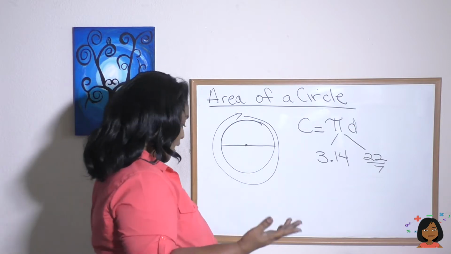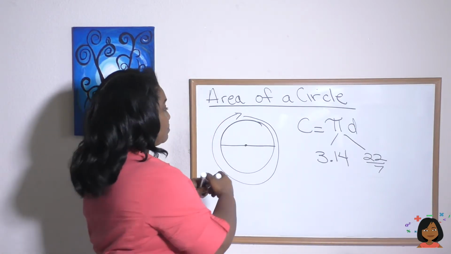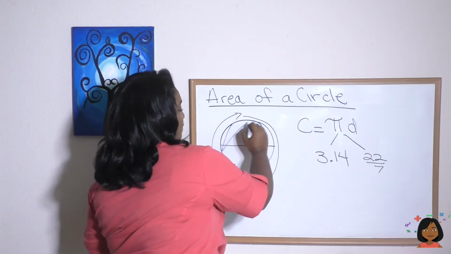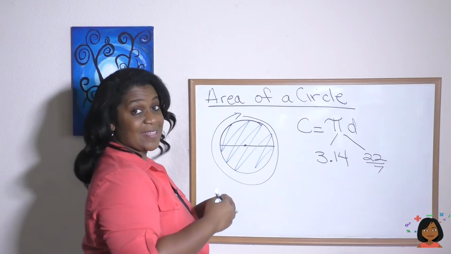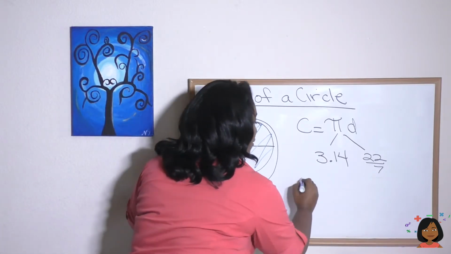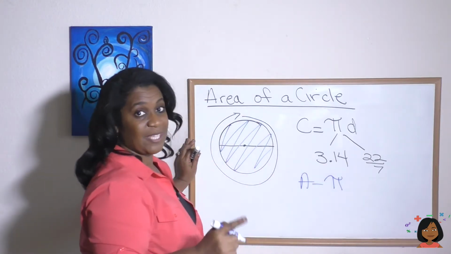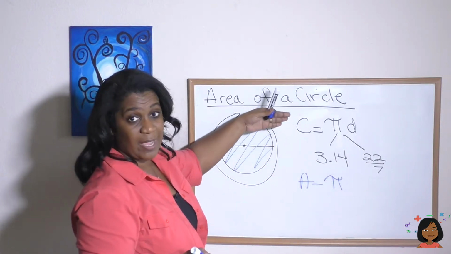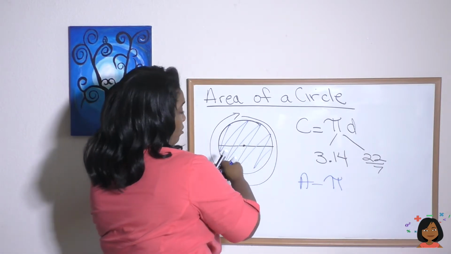Now, the good news is we can use this same pi to figure out the area of a circle. That area is really the full inside of the circle. So that has a separate formula. So here we go. The area equals, we're going to start with pi, but this time, whereas our circumference used diameter, which was the full way going across here, right?